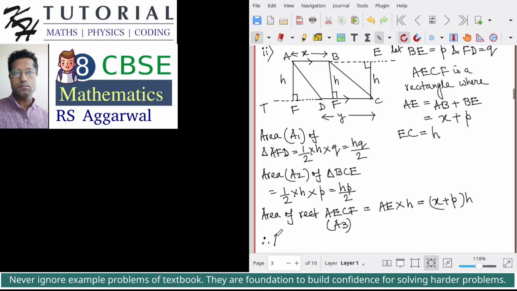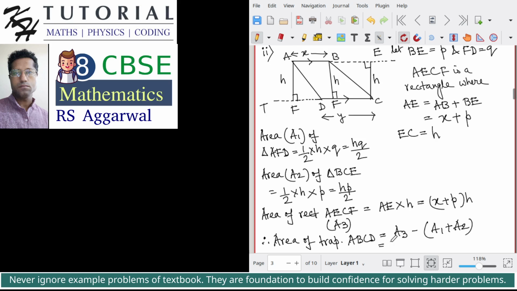Therefore, the area of the trapezium ABCD will be equal to the area of the rectangle, that is A3, minus the sum of the area of the two triangles, that is A1 plus A2.